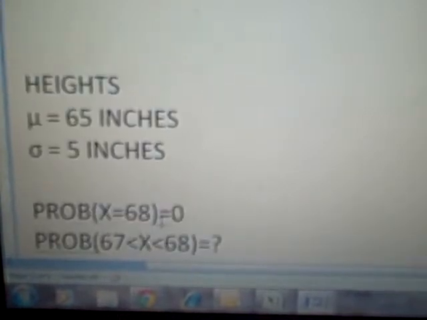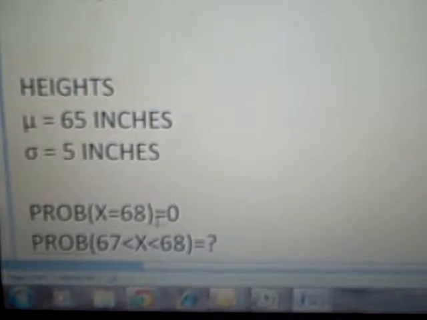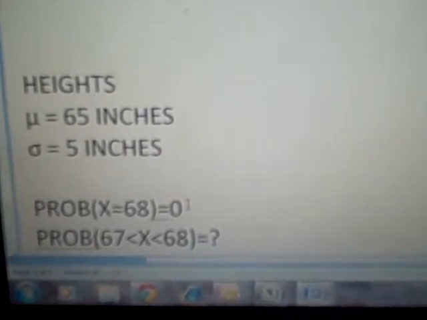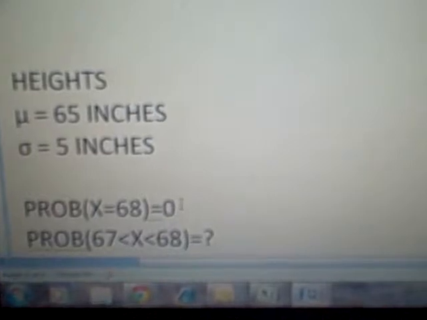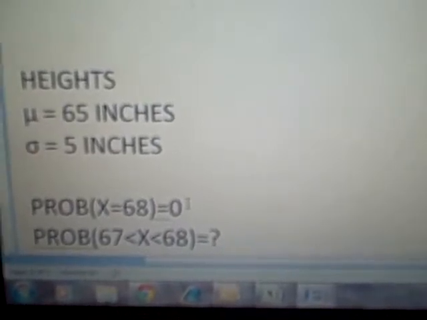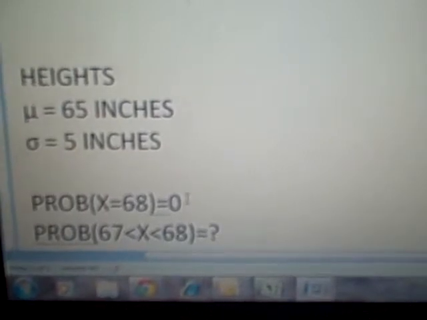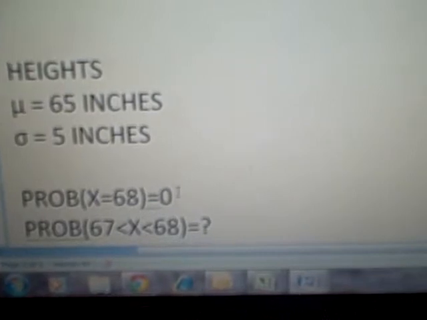And suppose I wanted to know what is the probability that someone is exactly 68 inches or 5'8". Well, since it's a continuous distribution, that probability is 0. Nobody is exactly 68 inches. Some people are 68.01, and some people are 68.0003, whatever. In a continuous distribution, there is no probability for any particular point.